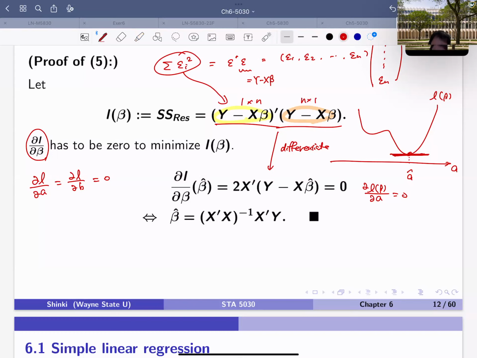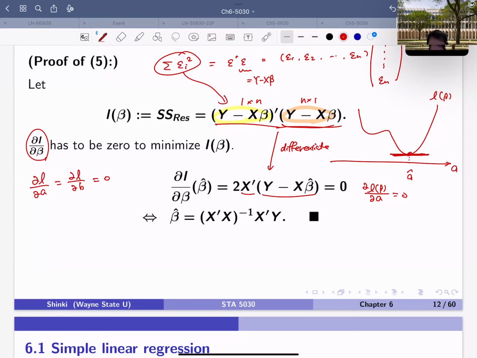If we differentiate the first term, this becomes X transpose times y minus X beta. And when the second factor is differentiated, you can figure out that this again becomes the same one, X transpose times y minus X beta.